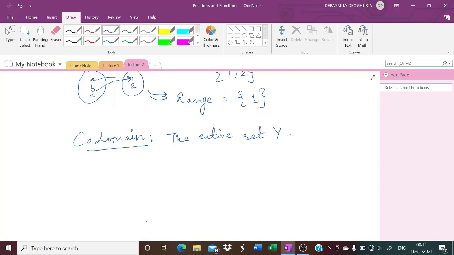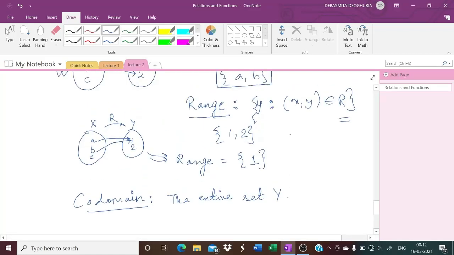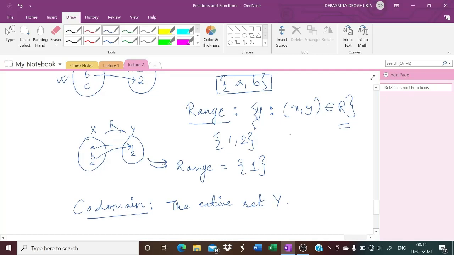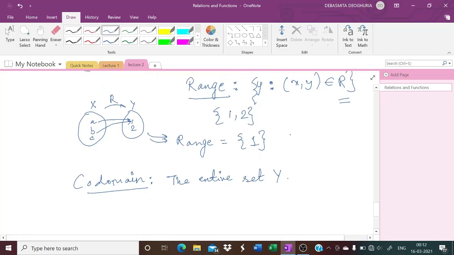At that time you will be using range and codomain very conceptually. I'm saying it again: range is only the set of those elements which are related to some element in X, and the entire set Y would be the codomain.